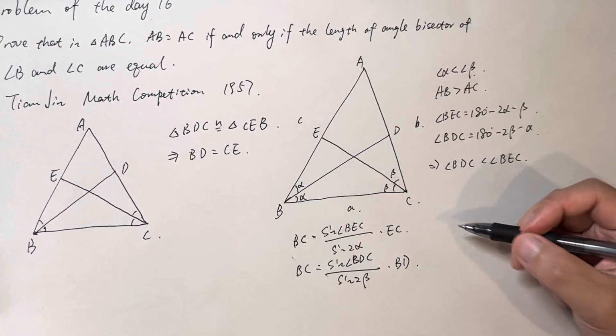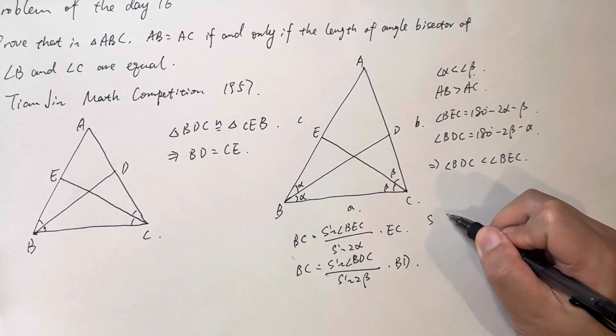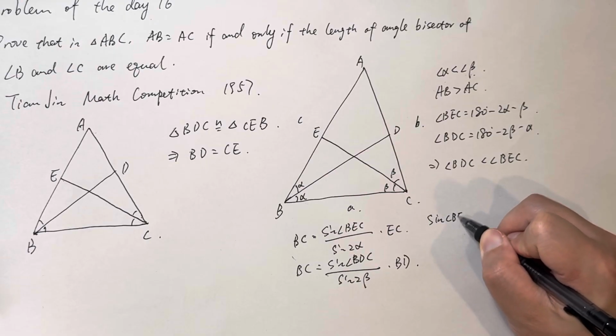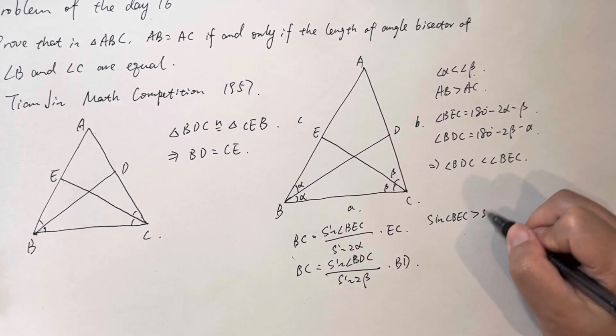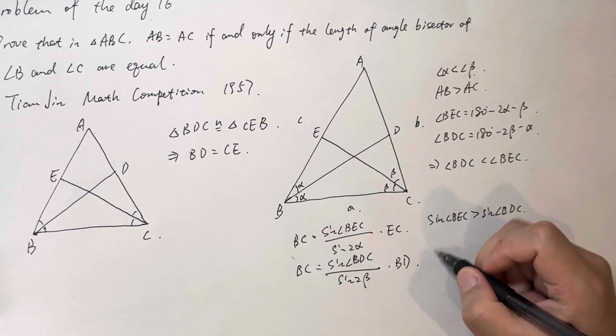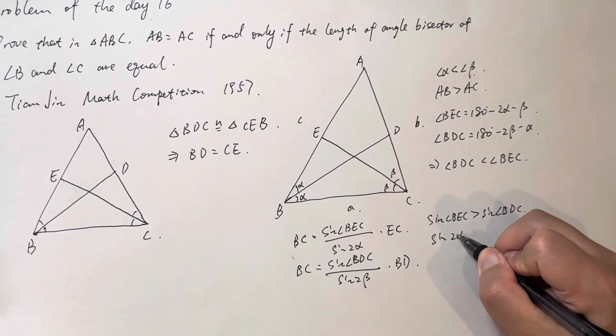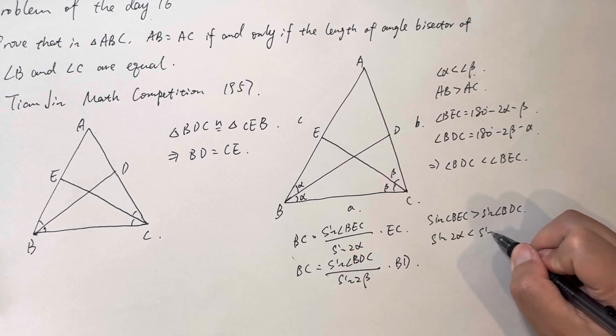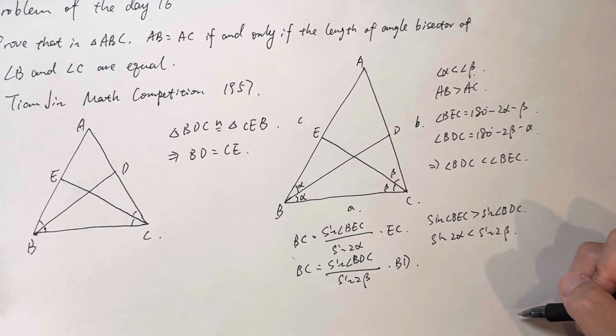And look at here, we already know that sine of angle BEC is larger than sine of angle BDC. And we also know that sine 2 alpha is less than sine 2 beta.